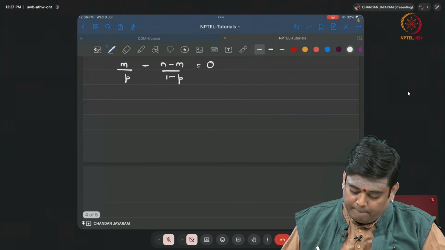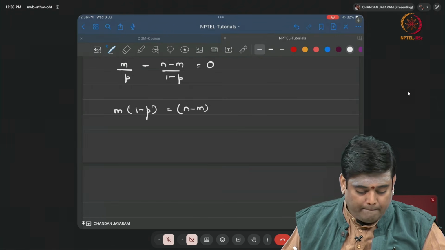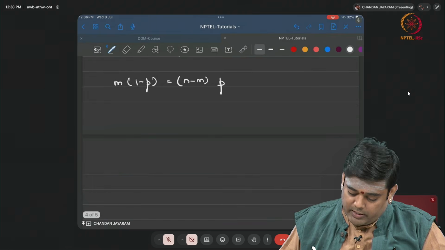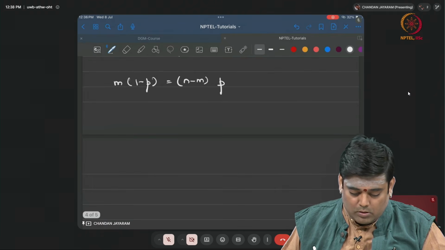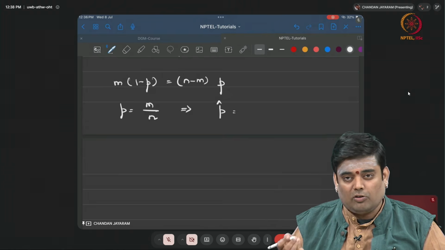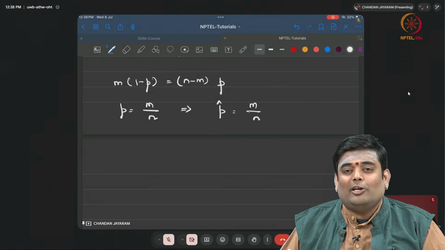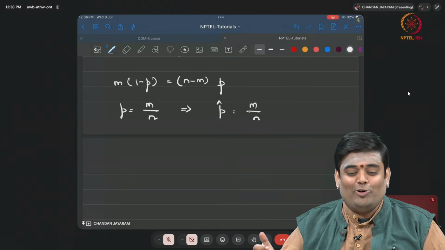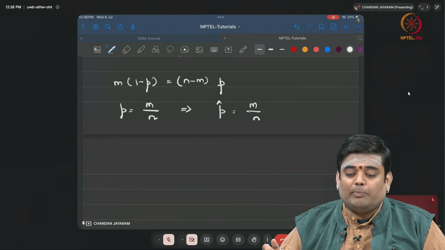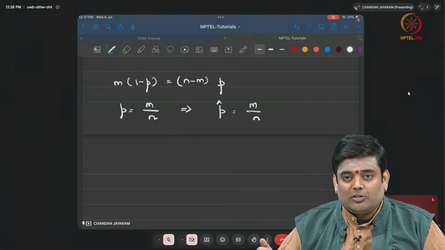Now it will be m into 1 minus P equals n minus m into P. Now this will straightforwardly say that P is equal to m by n, which implies the MLE for this, P hat, that is how we represent, is m by n. Now this is something that is straightforwardly known to us. The MLE is the probability of getting a negative observation. So you have got m negative observations out of n.